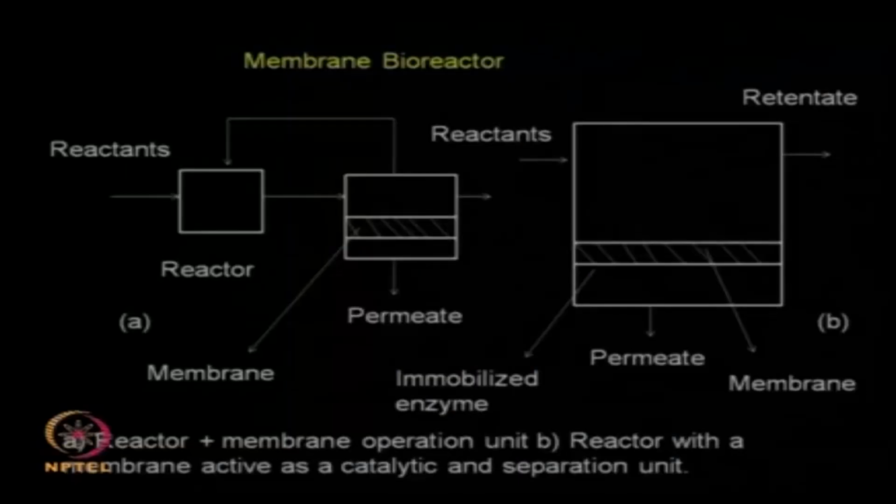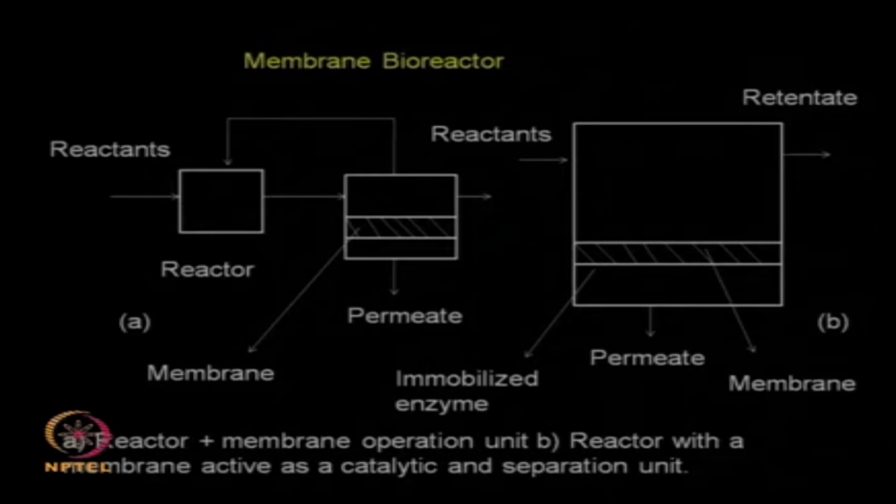If you allow it to build up, you may be denaturing your bacteria or fungus or enzyme. The second design is you are immobilizing your enzyme itself so that the membrane becomes an active catalyst and the product is removed continuously as a permeate here. So these are the two different designs by which I can achieve tremendous flexibility with the help of a membrane in bioreactor technology.